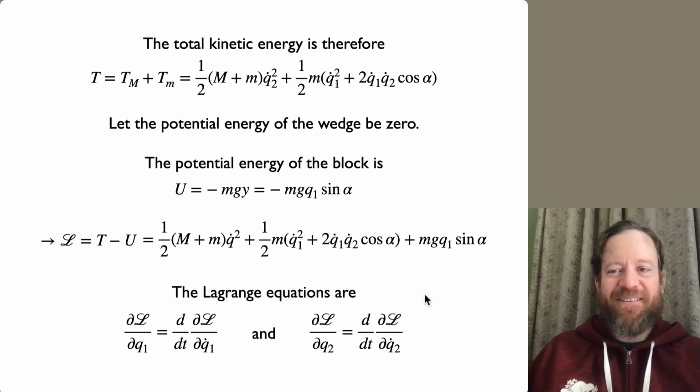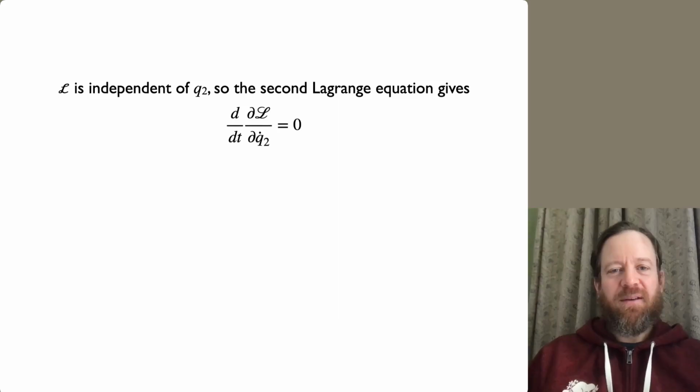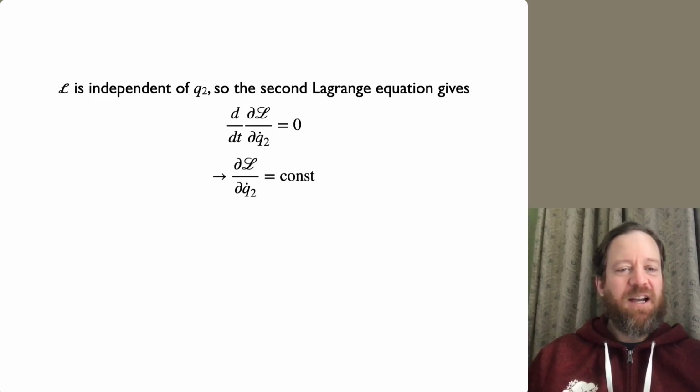I wonder which one. Well, let's find out. So, L is independent of q2, so the second Lagrange equation gives d/dt of ∂L/∂q2 dot being equal to 0. This means, of course, that ∂L/∂q2 dot is equal to a constant.